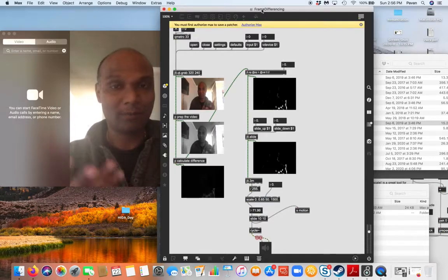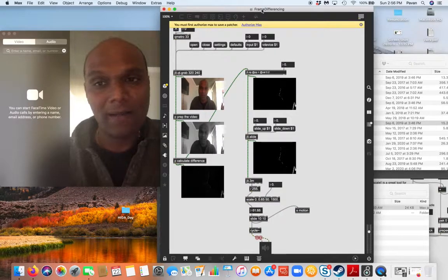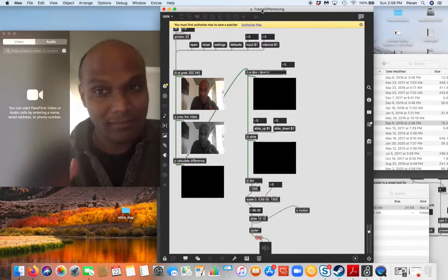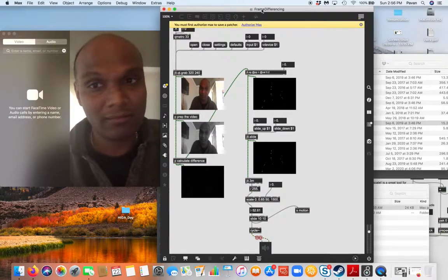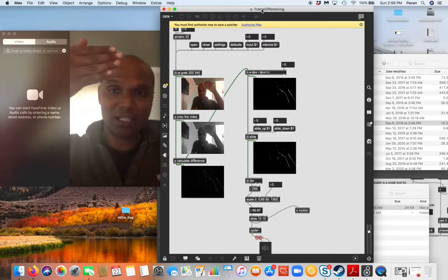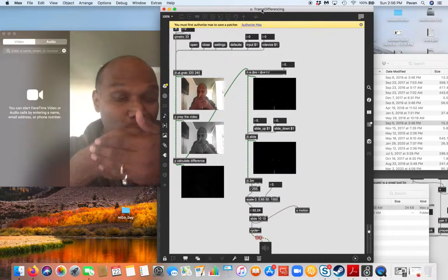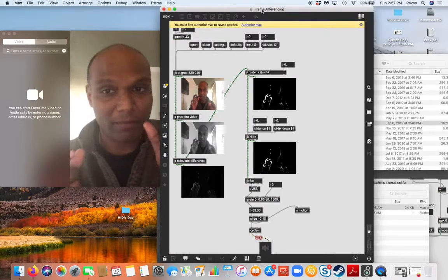Even if this webcam is just staring at my wall and nothing else changes, the images that the webcam records are still grainy. It's because of internal sensor noise. There is nothing you can do about it. So the image at time t and the image at time t plus 1 will be close, but they will not be exact replicas of each other when you measure the pixel values.